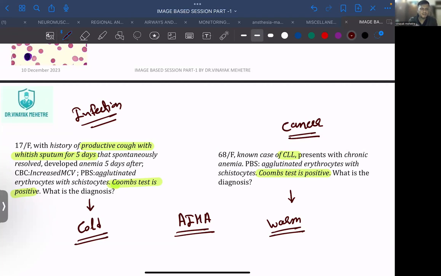Okay, reason, it forms a complement, अपनी खुद की immune system will create against the RBCs. Okay, complement system will be formed and it is going to kill the RBCs. Because of that, hemoglobin is going to drop. Okay, body खुद ही अपने body के against काम कर रही है. That's why hemoglobin is going to drop.